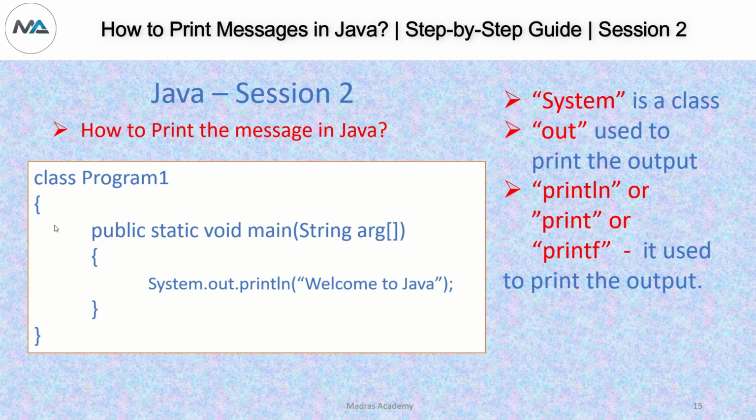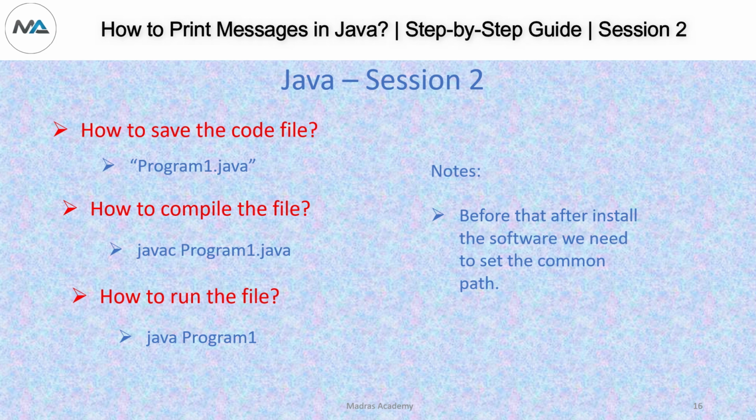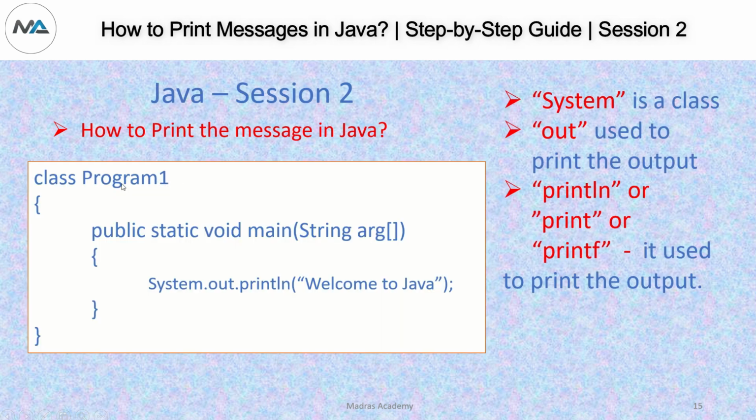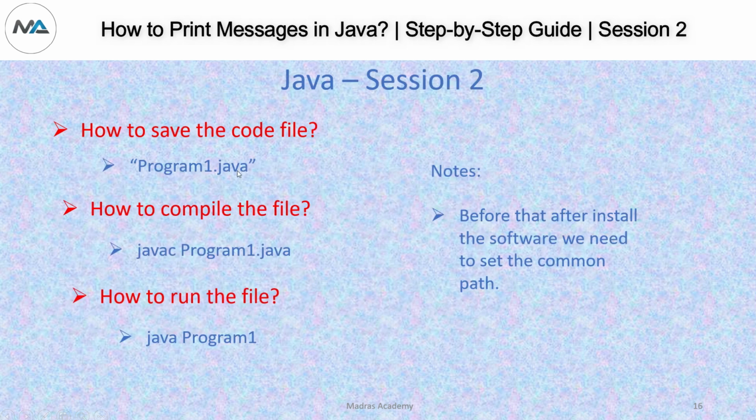Next, after completing this code, we need to save the program, right? So how to save the program, we'll see that. How to save the code file. Whatever the class name I have, like program 1, using that, program1.java, we have to save the file.